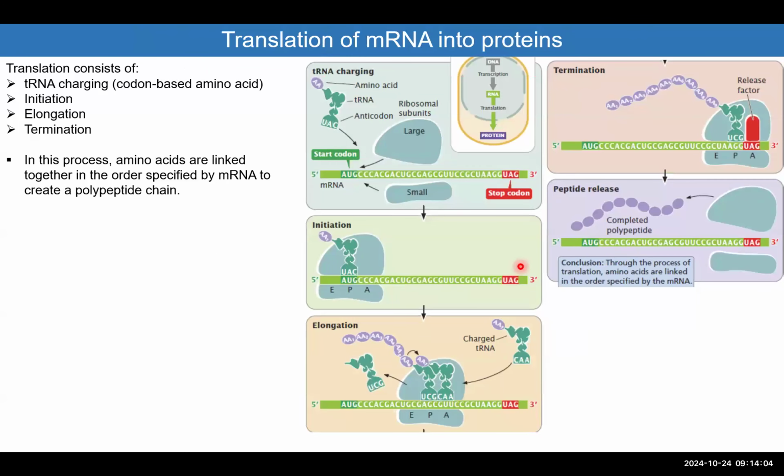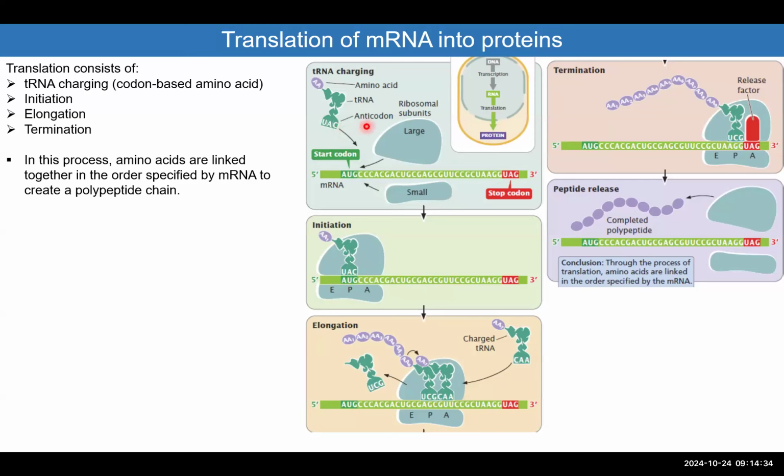So if we look at the process from A to Z in terms of translation, we discussed that a gene is transcribed, we have the messenger RNA, and now the translation process should start with the AUG, which is the methionine, and the two subunits of the ribosome, the large and small.